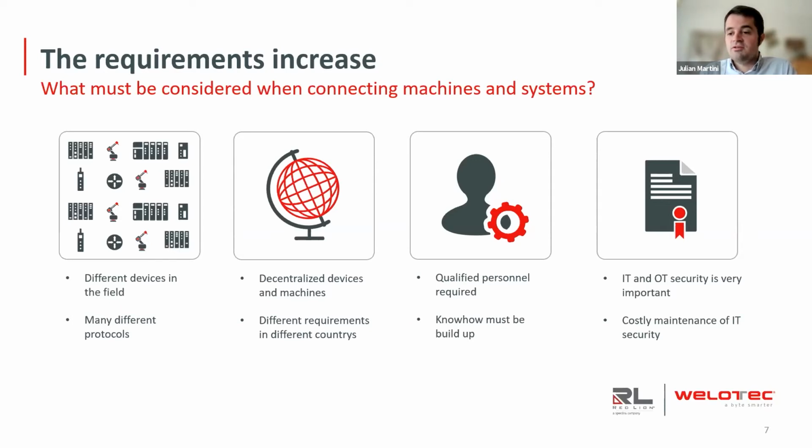What I mean by that could be, for example, they might have a serial interface like an RS232 or RS485. There might be just digital or analog inputs, or you have different kinds of PLCs that you need to connect to that speak different industrial protocols. So the first thing to do in such a project is really break down what kind of interfaces you have and what you need to connect. That's the first thing you need to do.